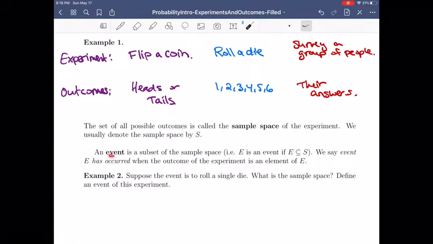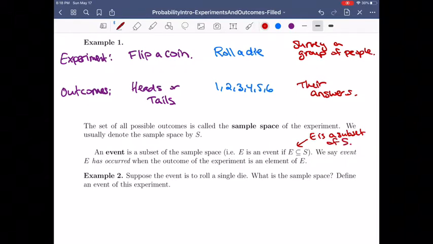Now, an event of the sample space is just a subset of the sample space. So E is an event if, remember this notation, this says E is a subset of the sample space S. Remember, what it means to be a subset is that E just contains some of the elements of S, any number of them.